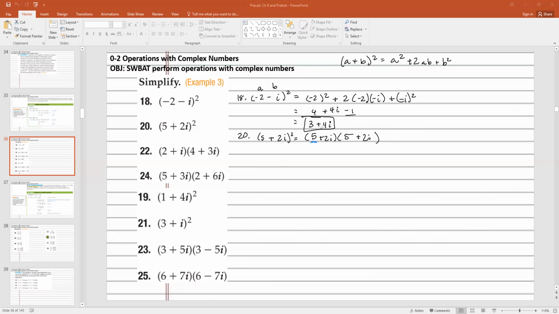So same thing, FOIL, 5 times 5 is 25. 5 times 2i is going to give us 10i. And then 2i times 5 is 10i. And 2i times 2i is positive 4i squared. All right, so now we combine like terms. 10i plus 10i is 20i.